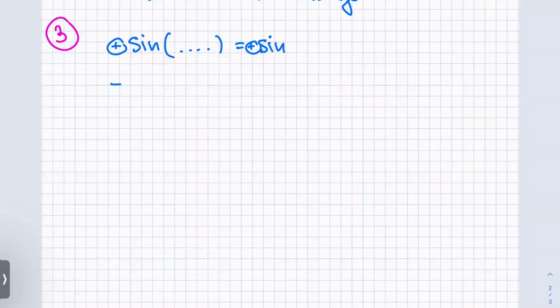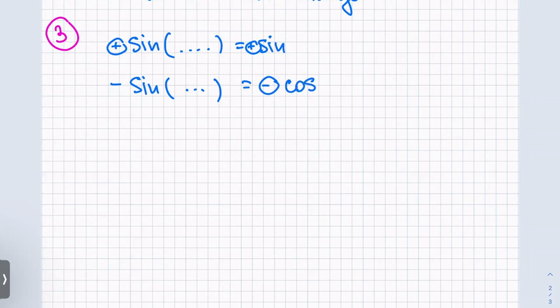Or if you have sine minus for your original function, then you will have sine minus for your new function. Maybe in your reduction formula you have 180 degrees, so it will not change to cosine, so you will have minus sine. Or maybe you had 90 degrees in your reduction formula, so then you will get a cosine here.